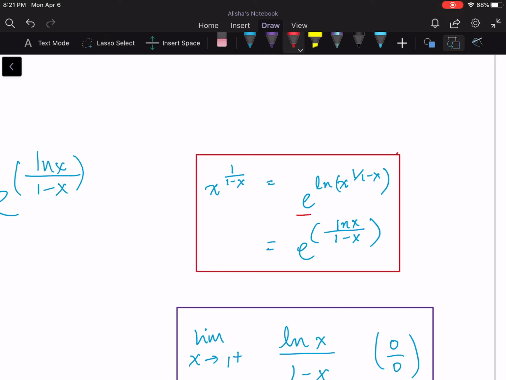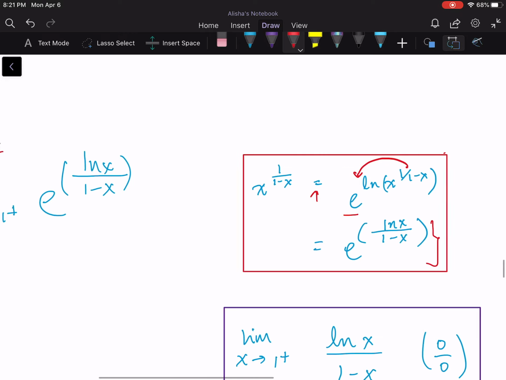Because e and natural log are just inverse functions, so they just cancel out, and that gives me that this equality is true. But by doing this, we can rewrite the function a little bit, and we can pull this exponent out in front of the natural log, and that gives me an expression that looks like this.